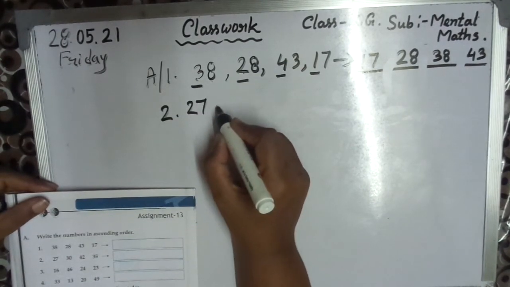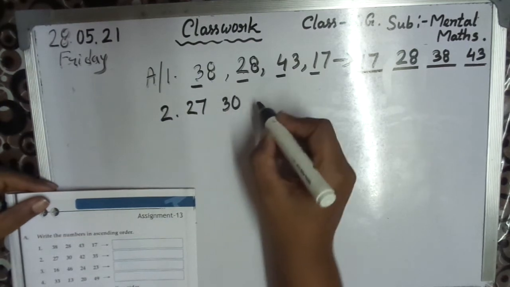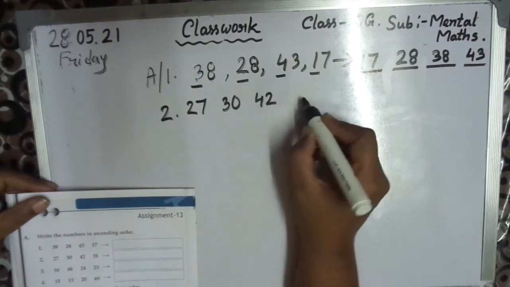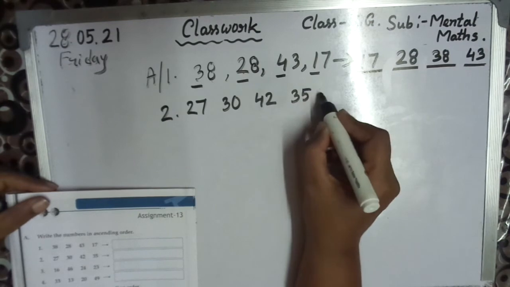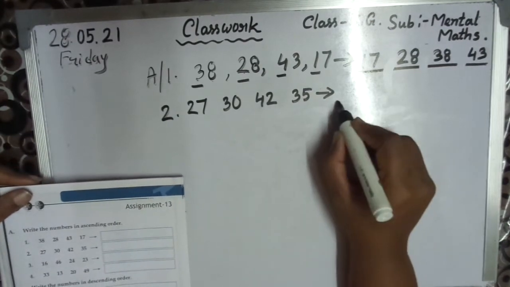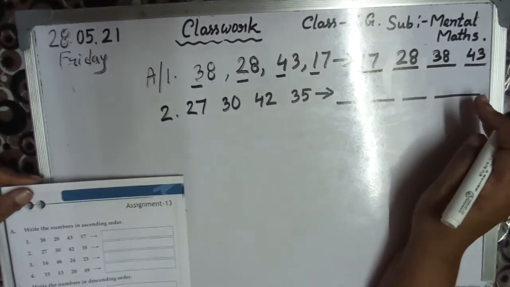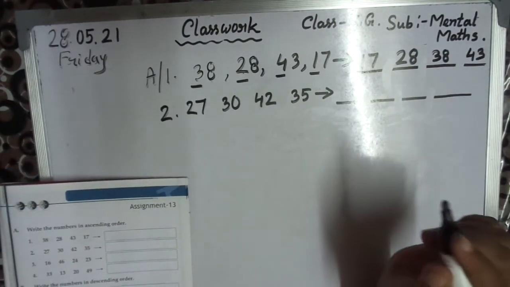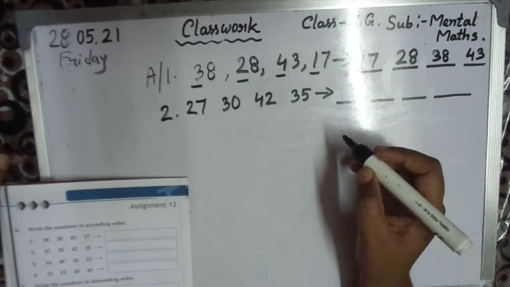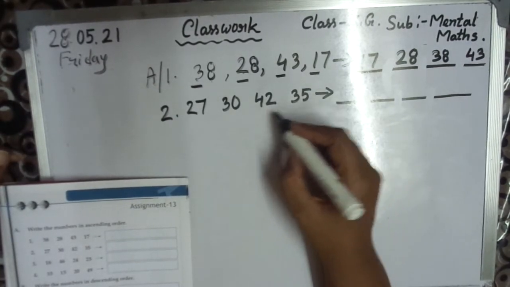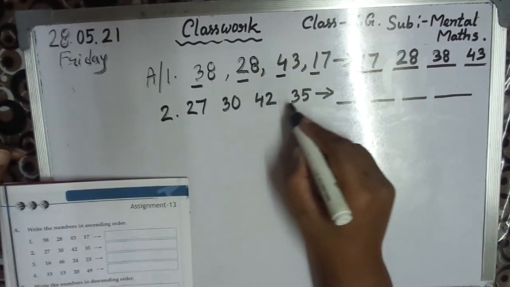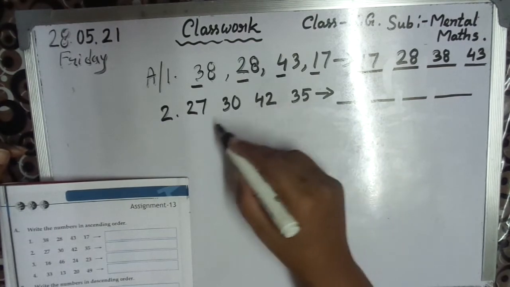27, 30, 42, 35. See again ones, see different: 0, 2, 5, 7.